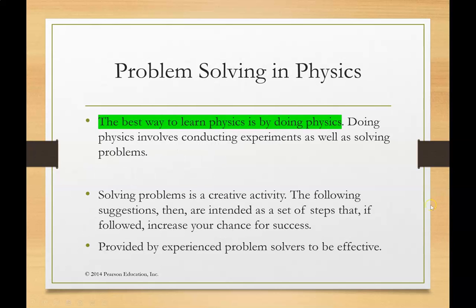Alrighty. So the best way to learn physics is to do physics. If you skirt out on homework problems, I can almost guarantee that when you get a quiz or a test, you will be really frustrated and you won't really know how to approach many of the questions.